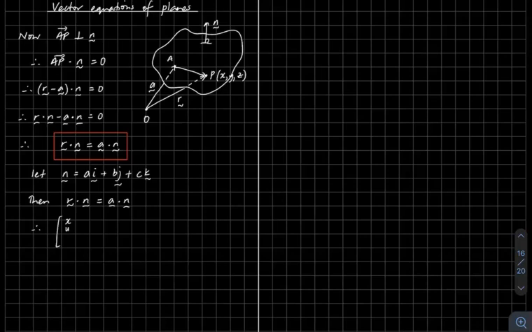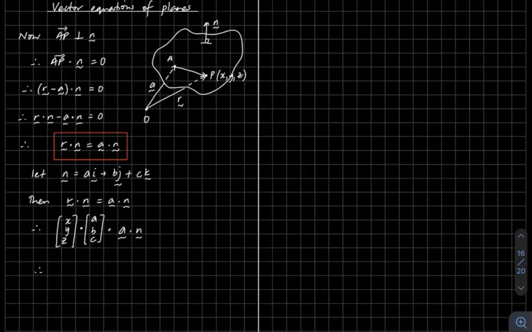So as a vector it is xi, yj, zk. N is a, b, c. And a dot n, well, a dot n is going to end up being a constant. So I'll write a dot n there.